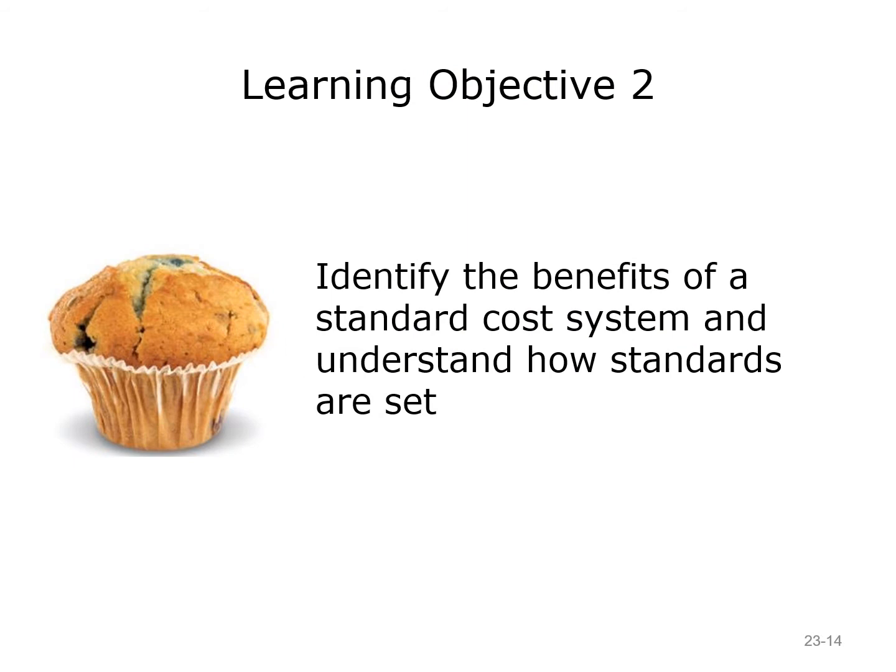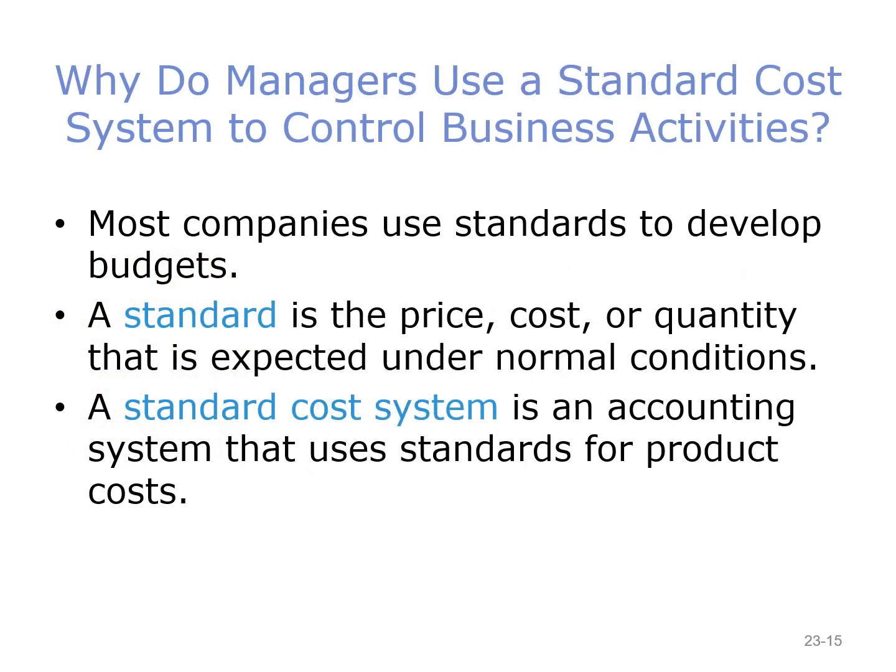This leads us to the second learning objective of the chapter, which is to identify the benefits of the standard cost system and understand why managers use a standard cost. What we did now is called the standard cost because it is budgeted, and we use it in order to control the business activities.